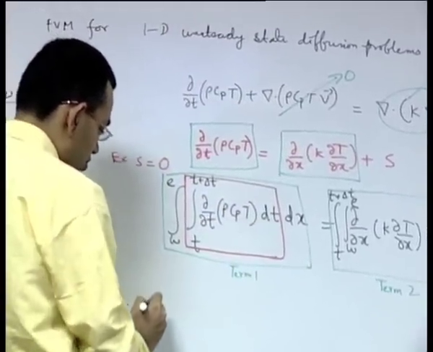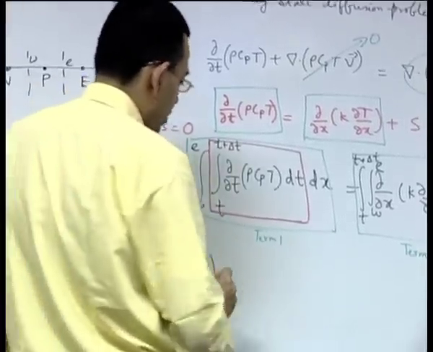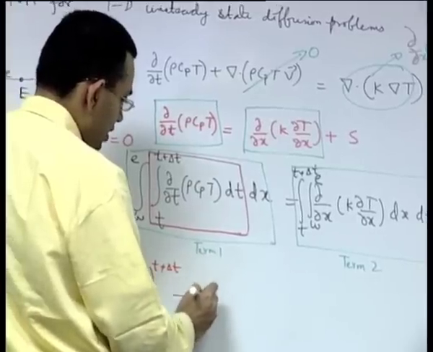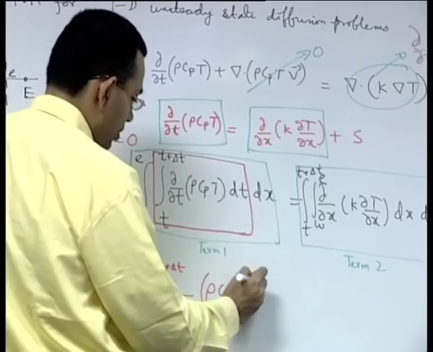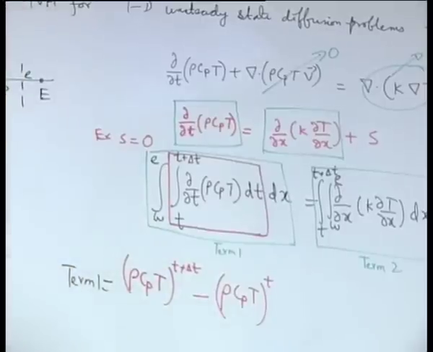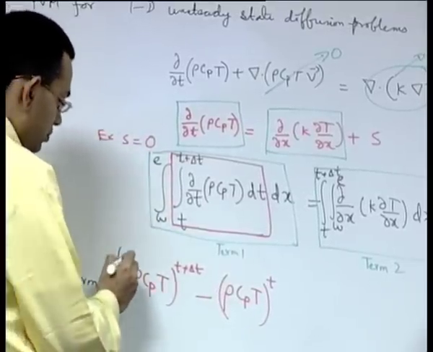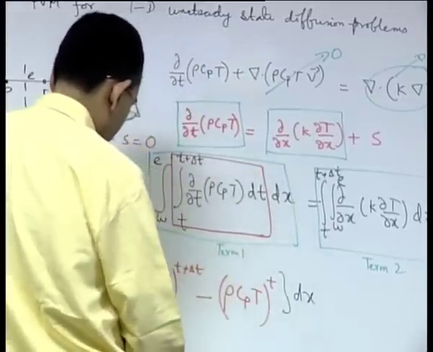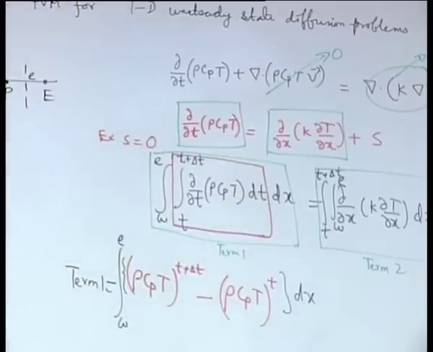So, rho Cp T at time t plus delta t minus rho Cp T at time t, then integral of this one.